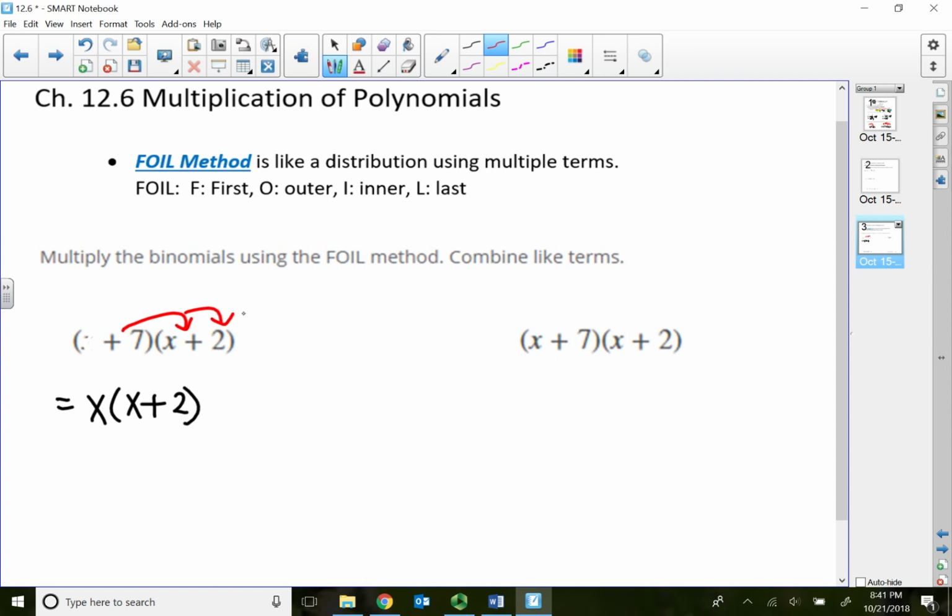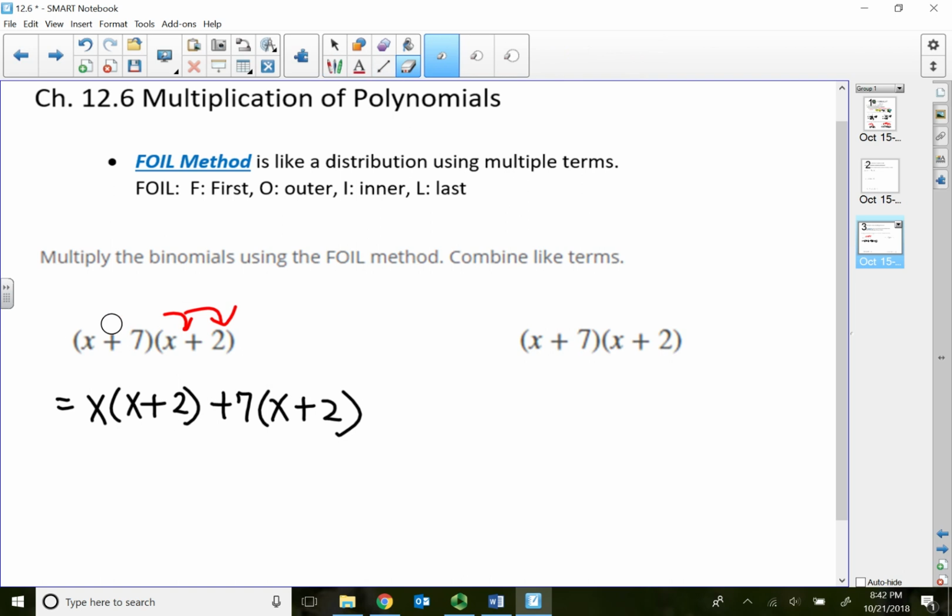You take positive 7 and multiply by the same (x plus 2). So the FOIL method is basically taking the first term in the first parenthesis and multiplying all the terms in the second parenthesis, then taking the second term in the first parenthesis and multiplying all the terms in the second parenthesis. It actually looks like this, which is basically a distribution.